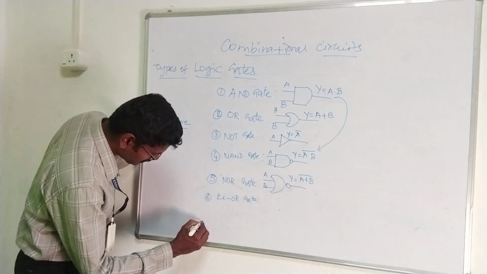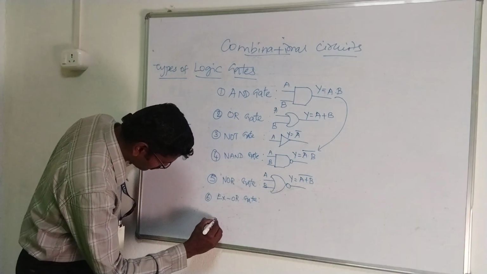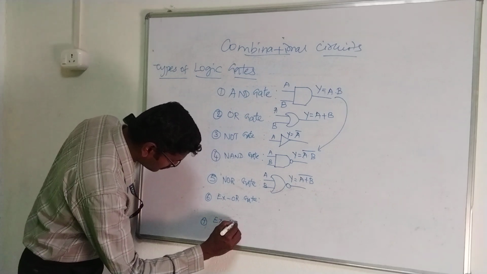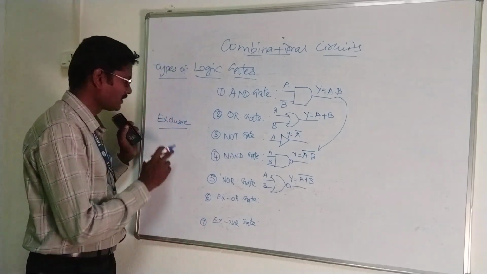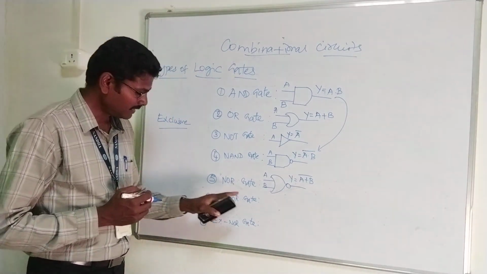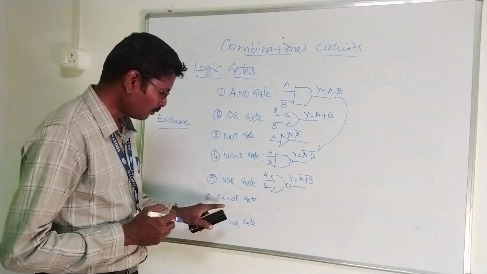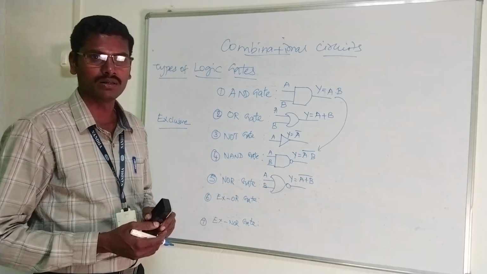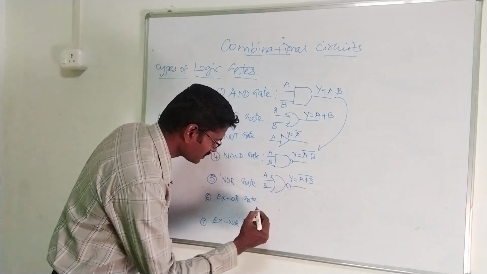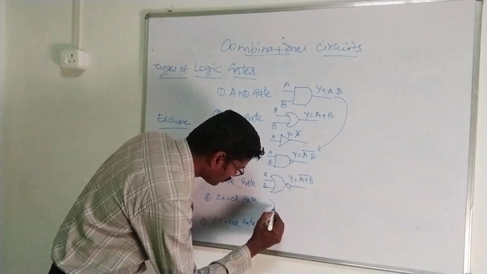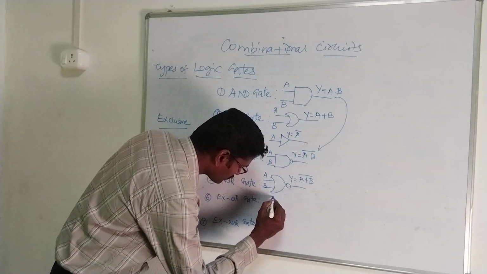So 6th one XOR and 7th one XNOR gate, right? So exclusive OR and exclusive NOR. So what is this exclusive OR and exclusive NOR? Now let's see the symbol for exclusive OR gate.